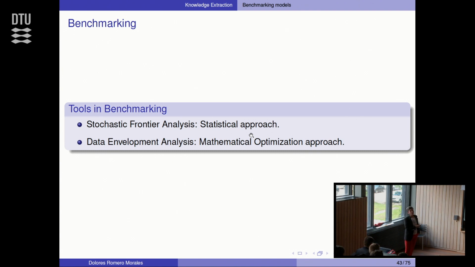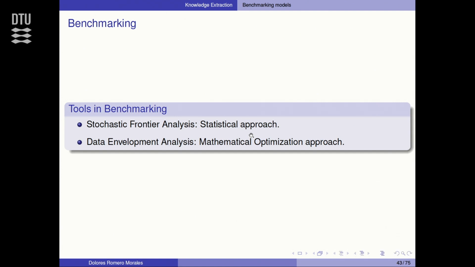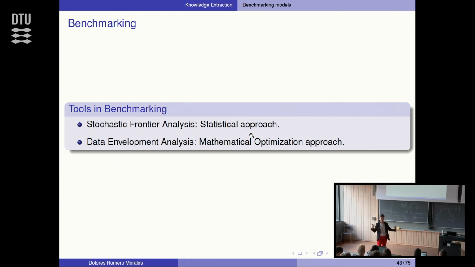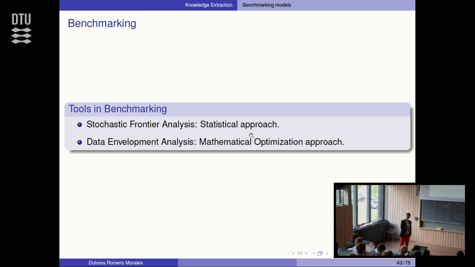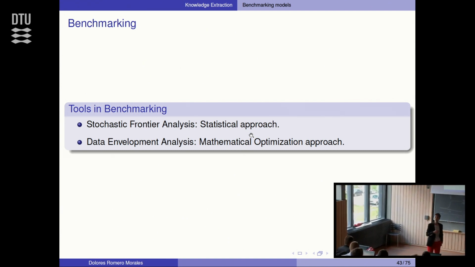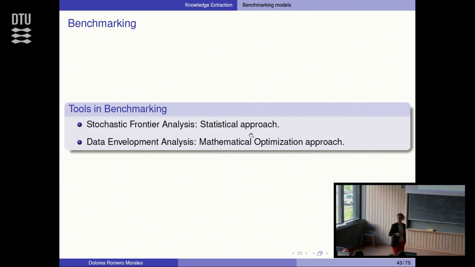There are two schools of thought. There are the statisticians, who will build for you a stochastic frontier analysis model, and there are the optimizers, who will build for you a data envelopment analysis model. I'm going to go for the latter school, but actually with my colleague, we are trying to merge the two schools through, again, data science.